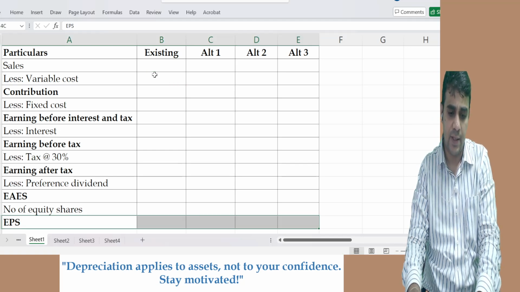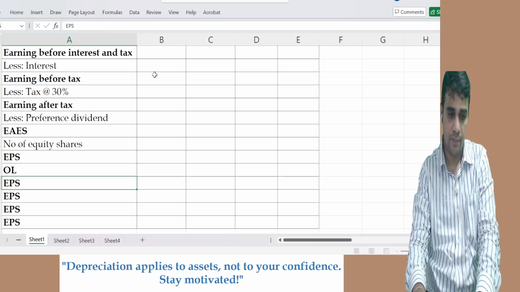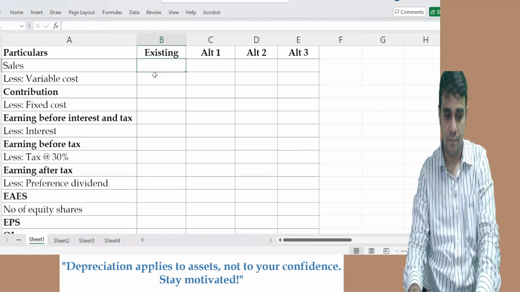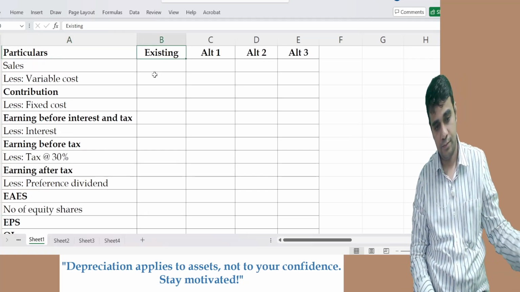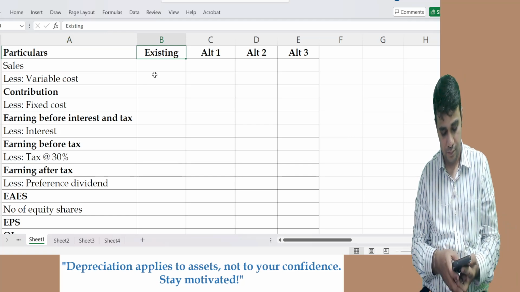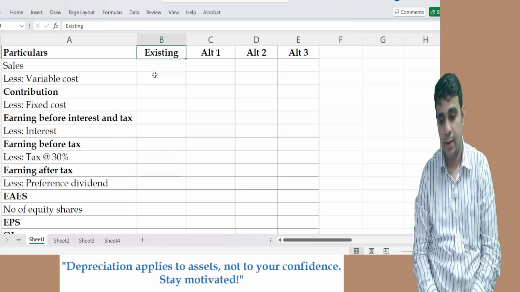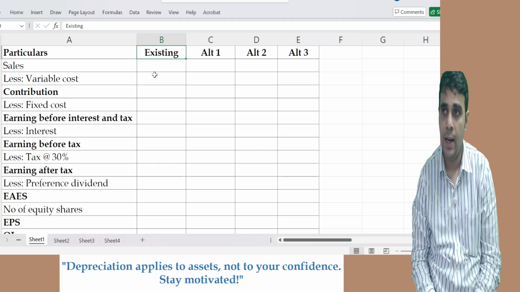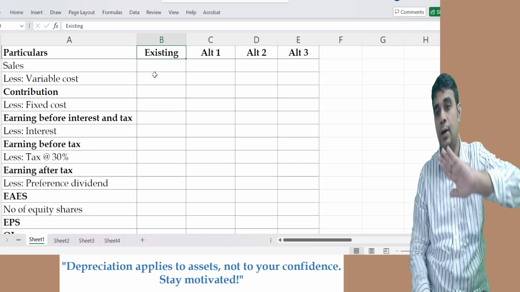And sorry, in the table itself, add OL, FL, and CL. Write the format: sales till EPS, OL, FL, and CL. Let's do existing first fully and then I'll do the revised one.